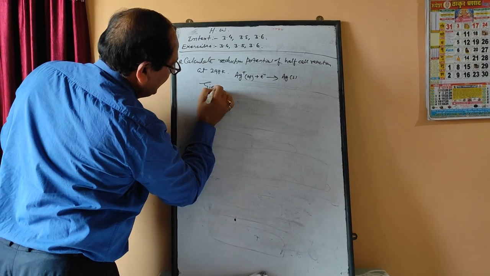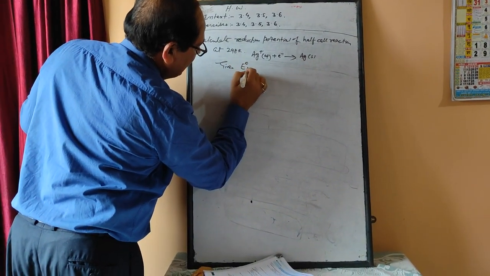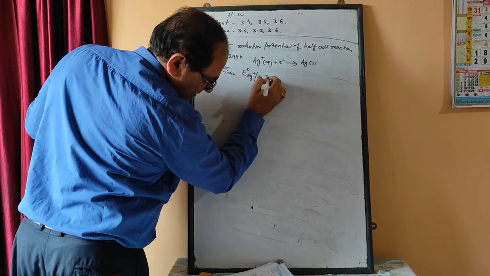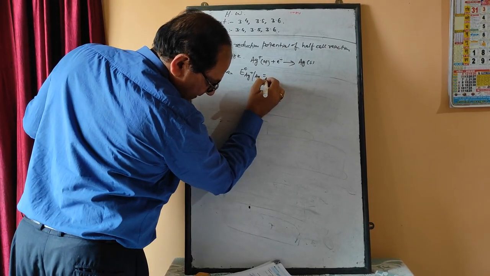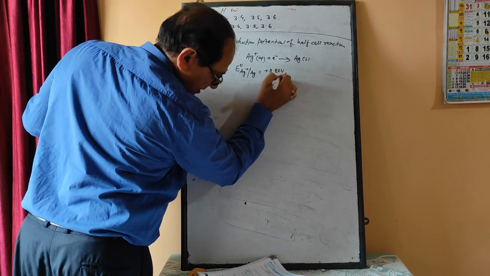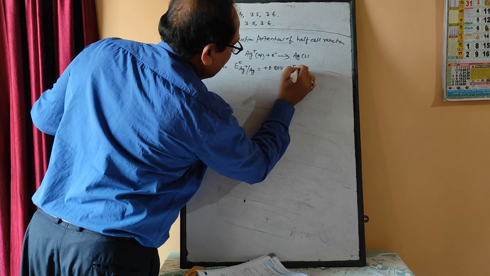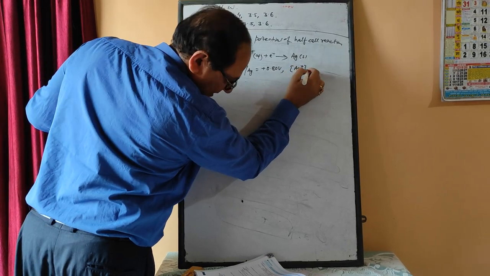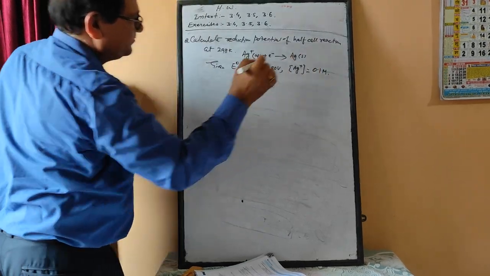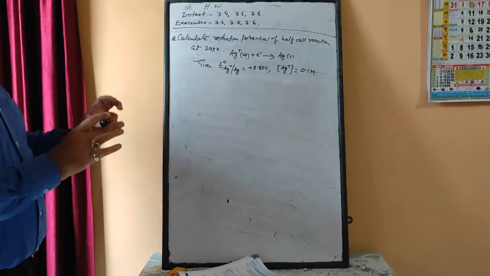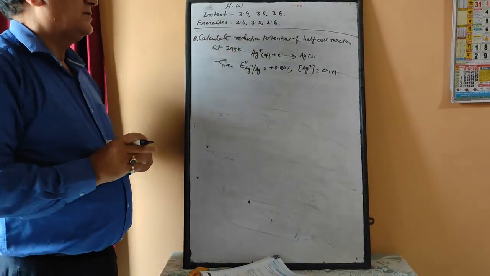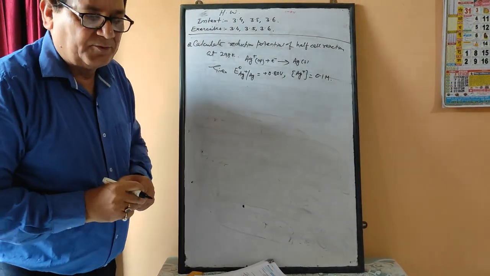Given E naught Ag plus/Ag is equal to plus 0.80 volt, and the concentration of Ag plus is 0.1. This is a very simple question, where only a single electrode potential has to be measured.